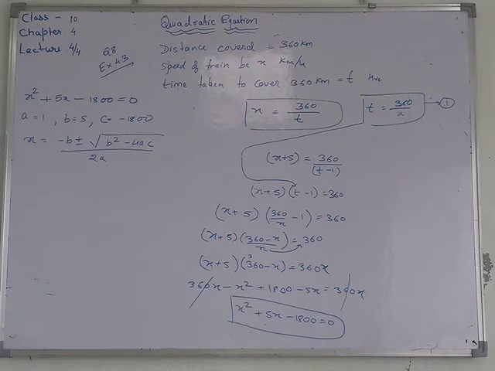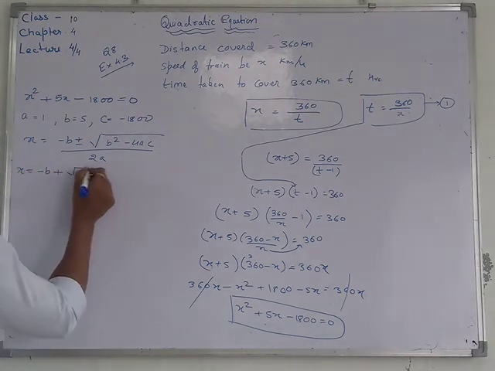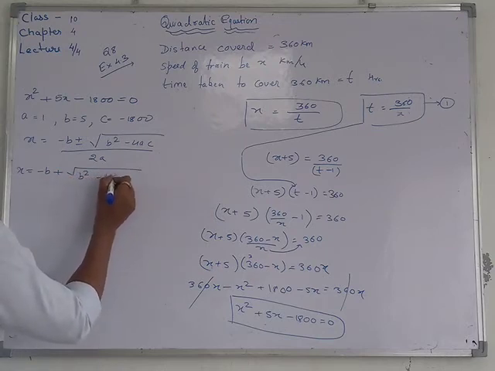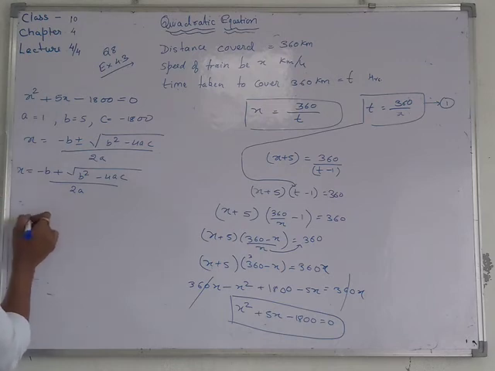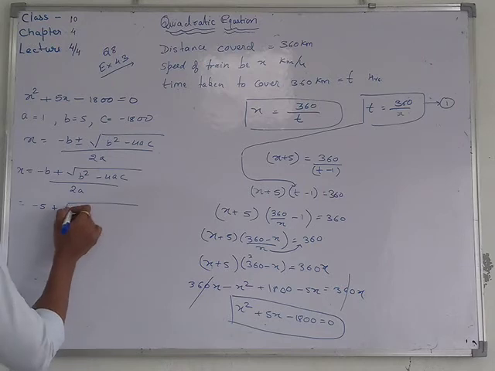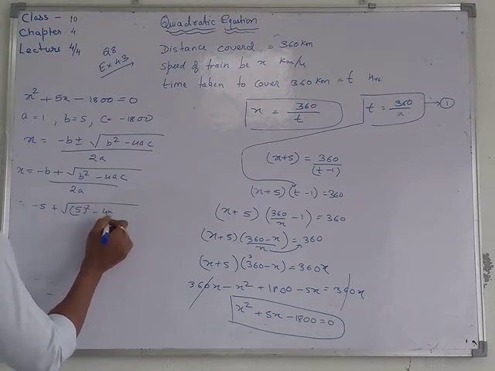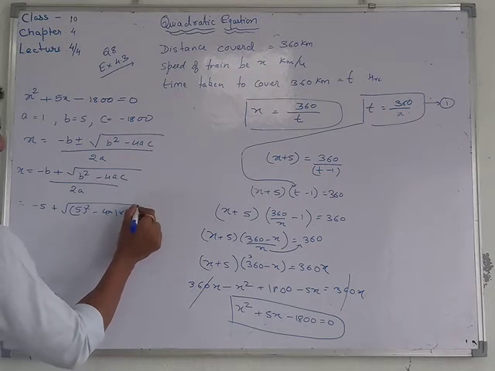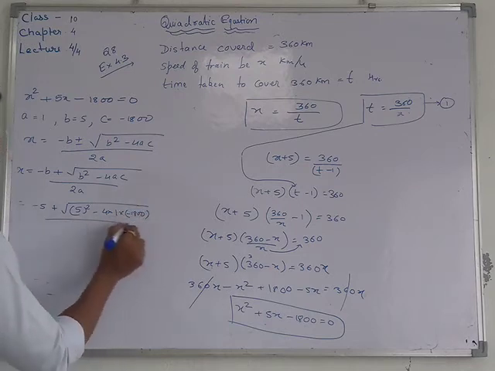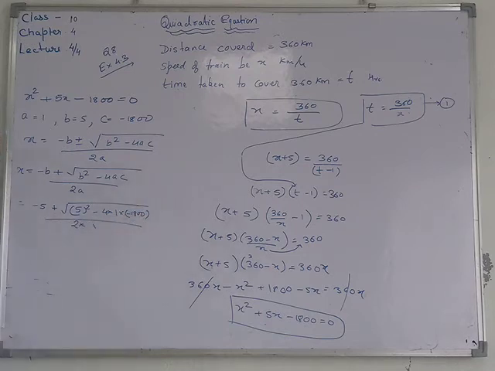Solving for the positive sign, substituting the values, we get minus 5 plus under root of 5 square minus 4 into 1 into minus 1800 upon twice of 1.